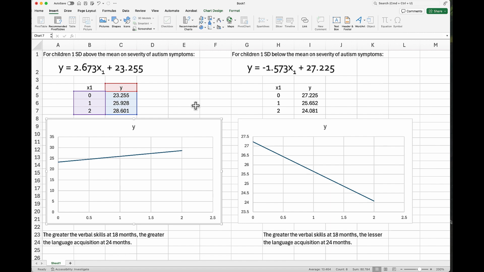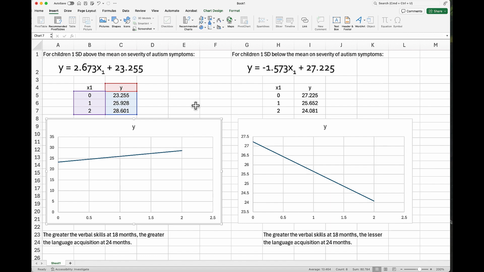So you've got an x1-y relationship for folks 1 standard deviation above the mean on x2, severity of autism symptoms. Then on the right, you've got the one going down. So the greater the verbal skills at 18 months, x1, the lesser the language acquisition at 24 months, because y is going down with x1 going up.